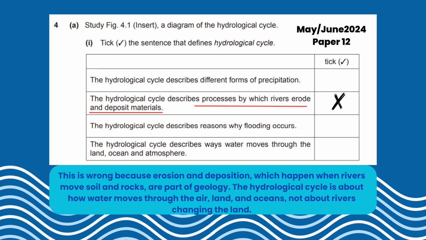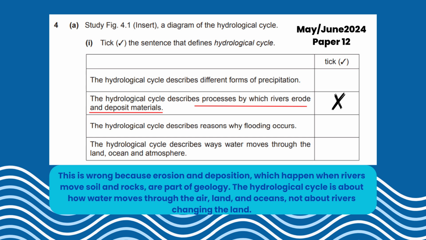Okay, because remember that rivers are involved in moving water across the land, but the term erode is connected with erosion. Erode is the verb form of the word erosion, and deposit, deposition.